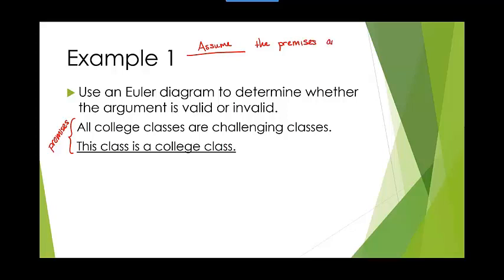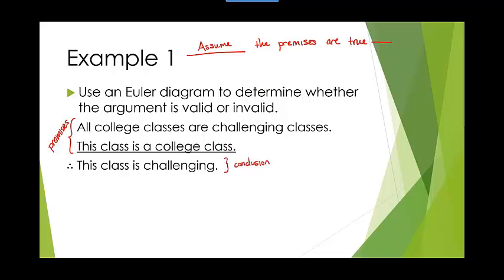Now, we may or may not agree with them, but we're just going to assume they're true. The two premises we have here are: all college classes are challenging classes, and this class is a college class. The next part of the question is that this class is challenging, and this last sentence is the conclusion.